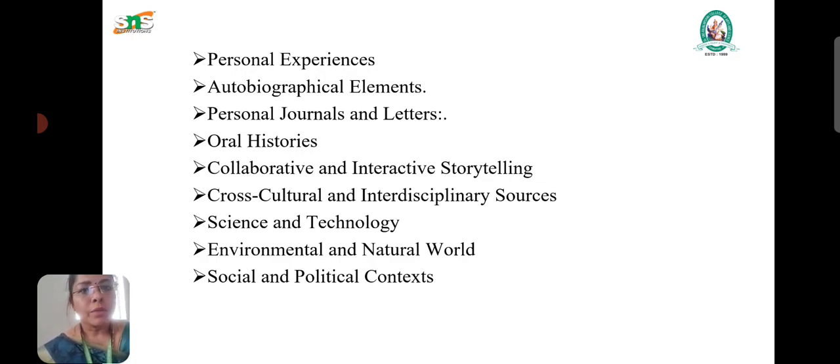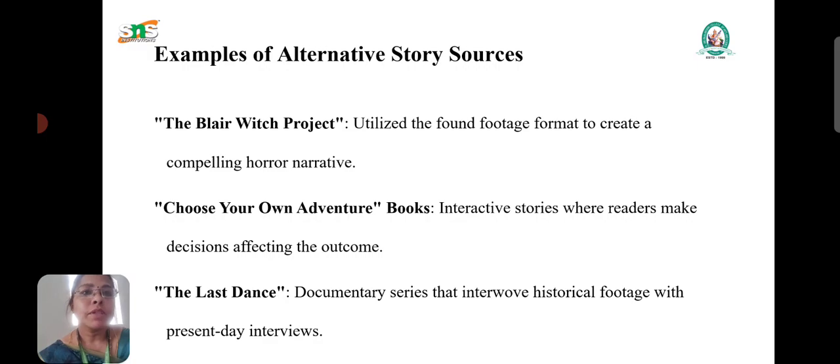A story might be based on social and political context too. Examples of alternative story sources are a few books and films, such as The Blair Witch Project, Choose Your Own Adventure, and The Last Dance.